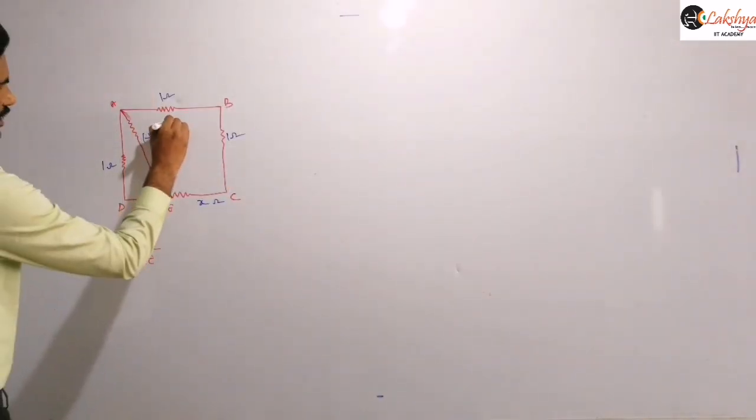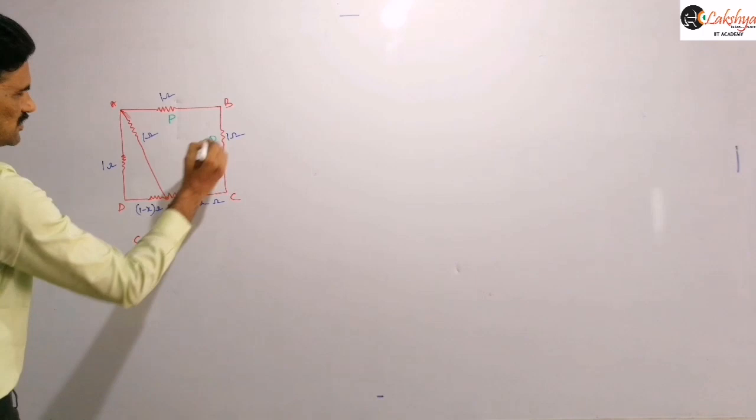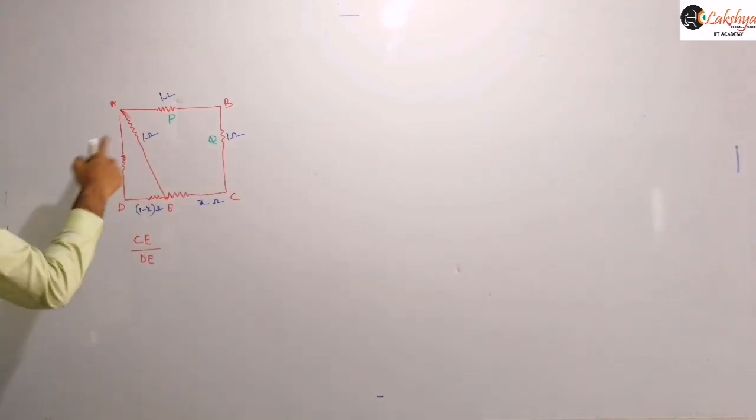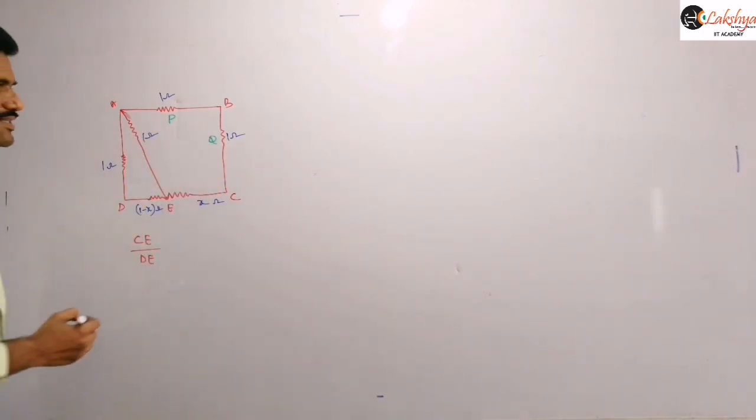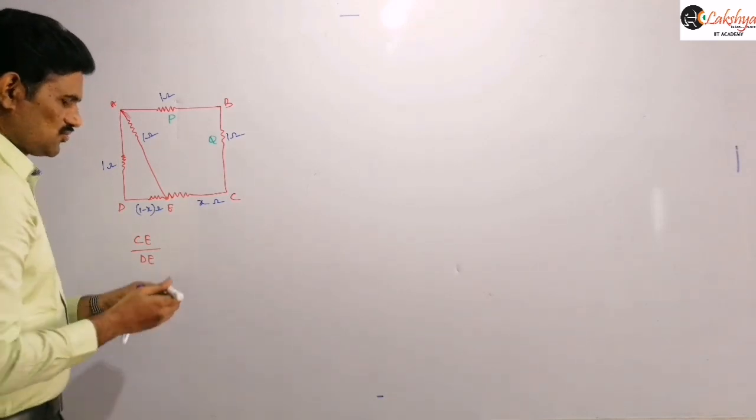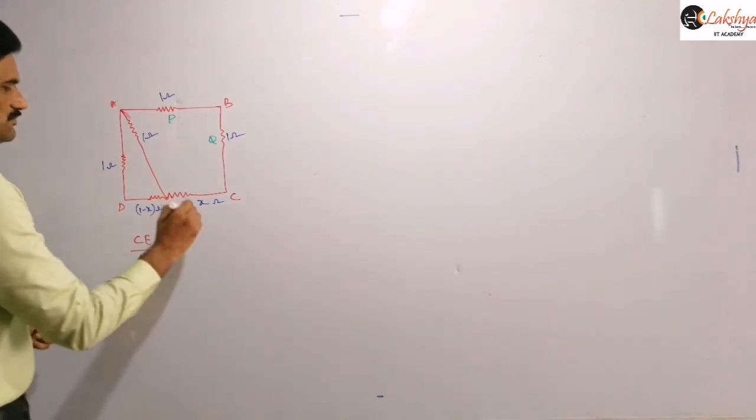So this we can consider as P and this is Q. The effective resistance of this you may consider as R. I will draw the circuit and mention this again.